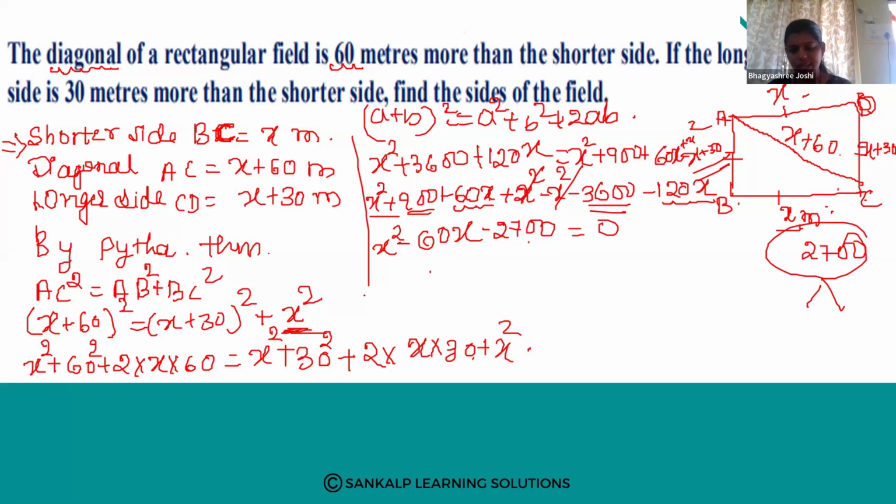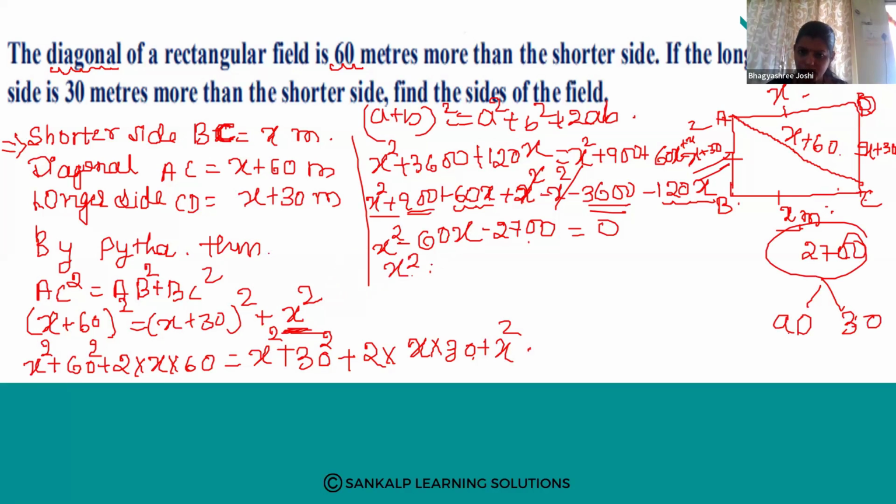Yes, 9 threes or 3 nines are 27. So 90 plus 30: 90 into 30 is 2700, and 90 minus 30 is 60.